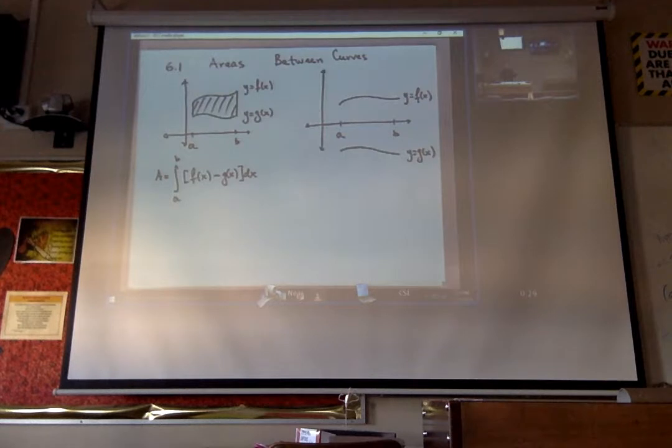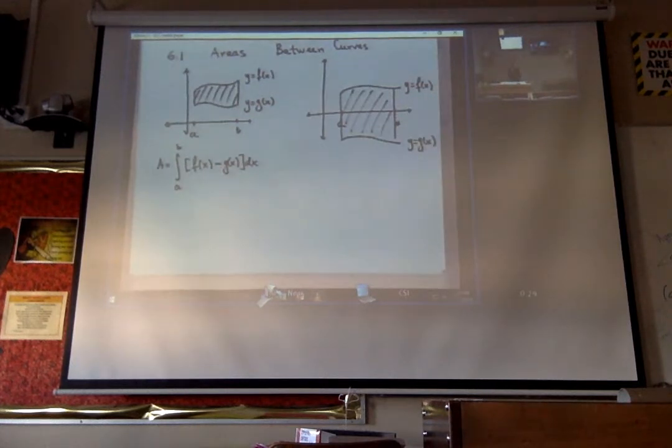Again, it's between the curves, right? So the area is right here. Yes? So, simple question. Is this formula still valid? f of x minus g of x. Is it still valid? Yes. Are we still getting positive area? Yes.